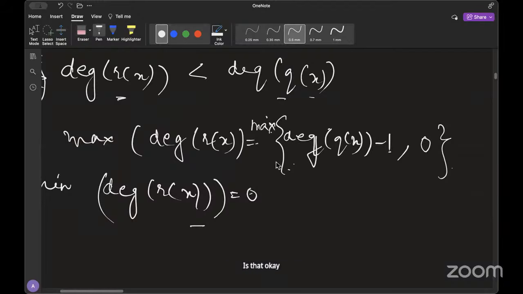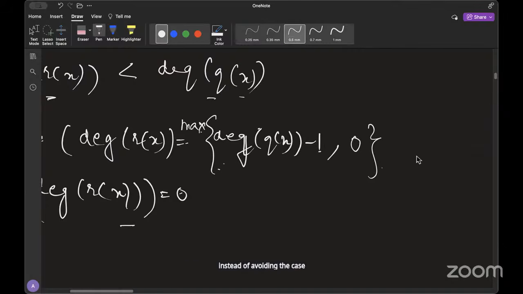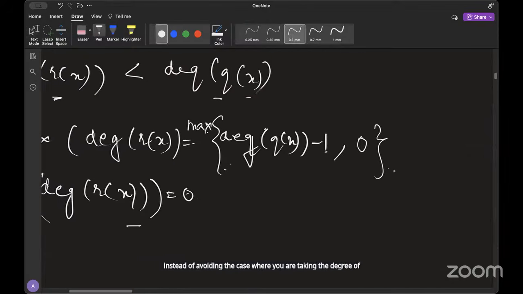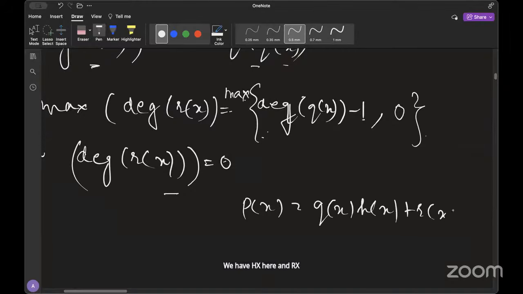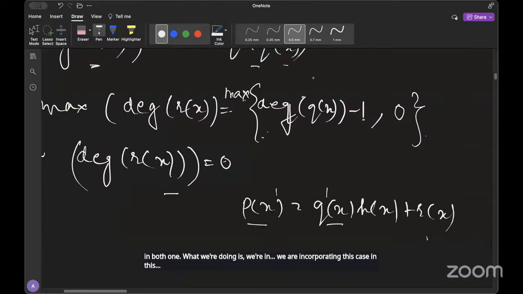Is that okay? Instead of avoiding the case where you are taking the degree, okay, we have this thing P(x), Q(x), and we have H(x) here and R(x) here. So instead of avoiding the case where your degree of this and degree of this are both 1, we are incorporating this case in this formula now.